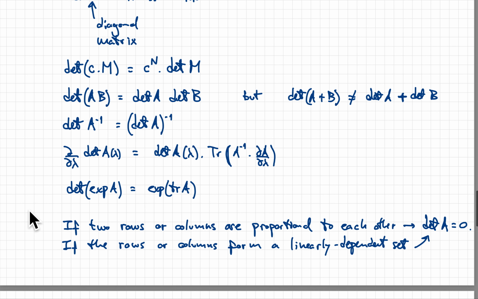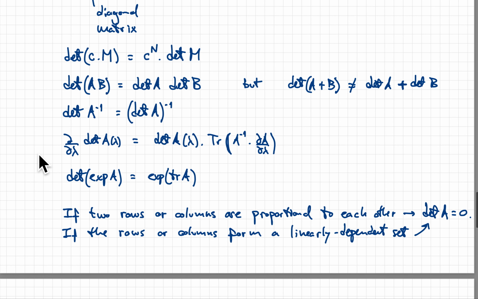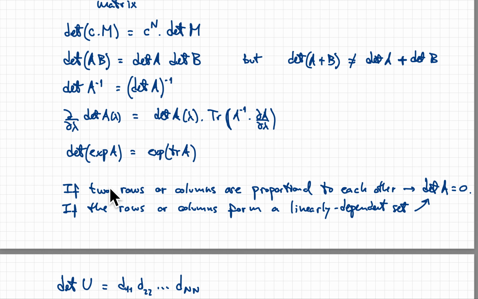Now, a property that is very useful to understand, but I will not prove here, is that if two rows or columns of the matrix are proportional to each other, then your determinant will be 0. And more generally, if the rows or columns form a linearly dependent set, of which the previous statement is a particular case, then the determinant of the matrix is 0.